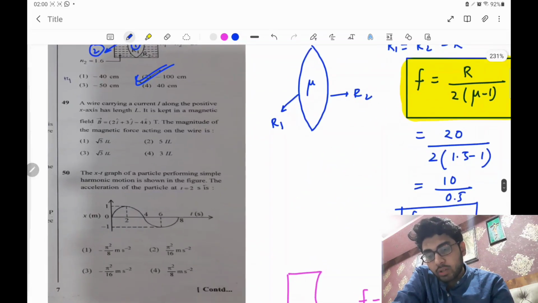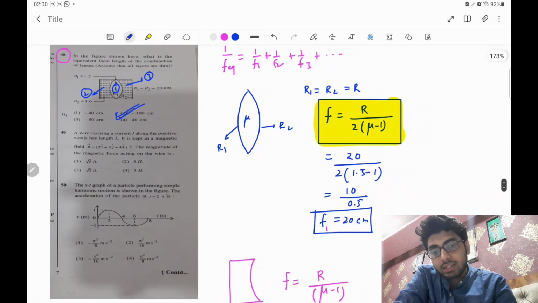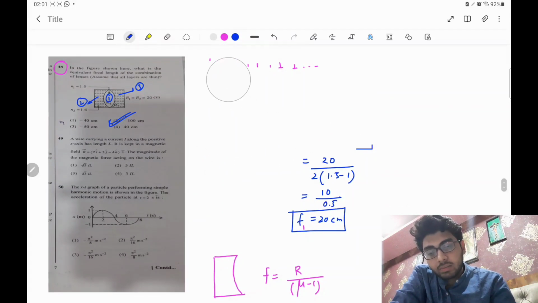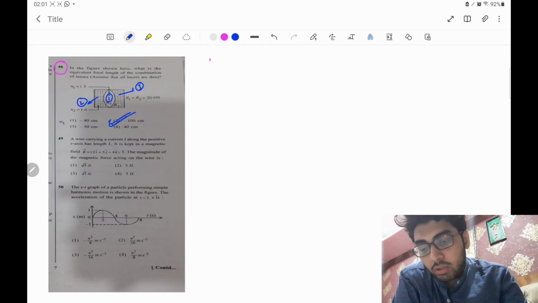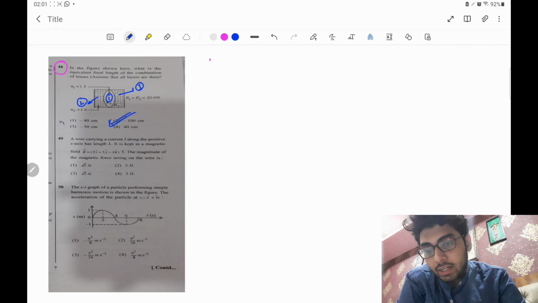The next question is a very good question. A wire is carrying a current I along the positive x-axis. Just let me erase this. It is kept in a magnetic field B equals 2i plus 3j minus 4k Tesla. Find the magnitude of the magnetic force acting on the wire. Let me simplify the problem.